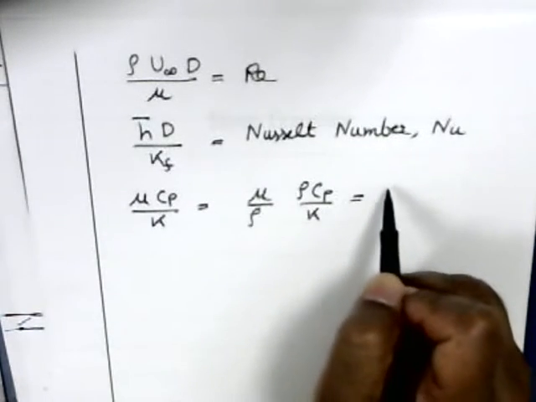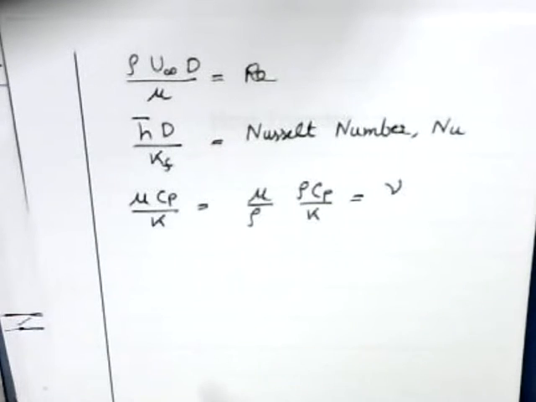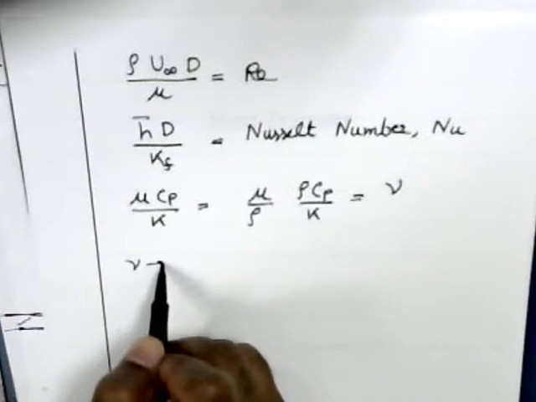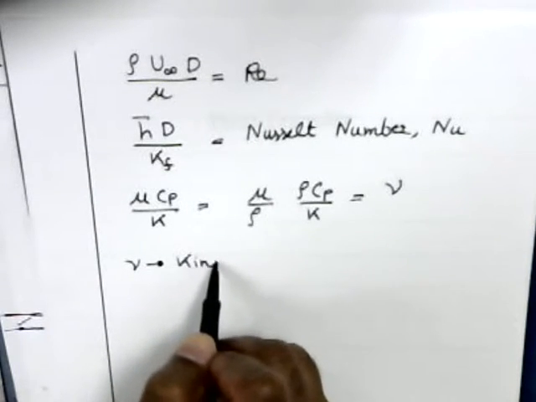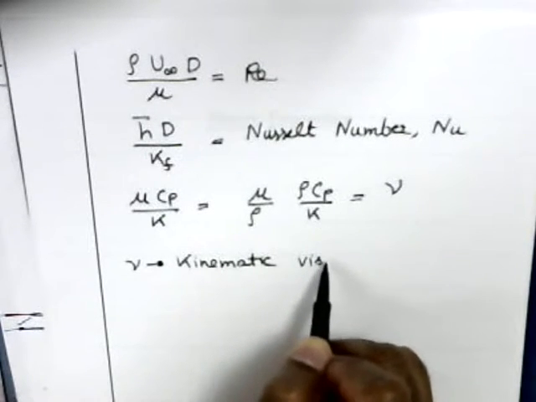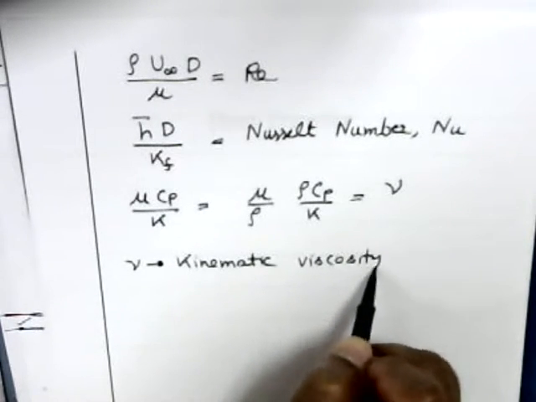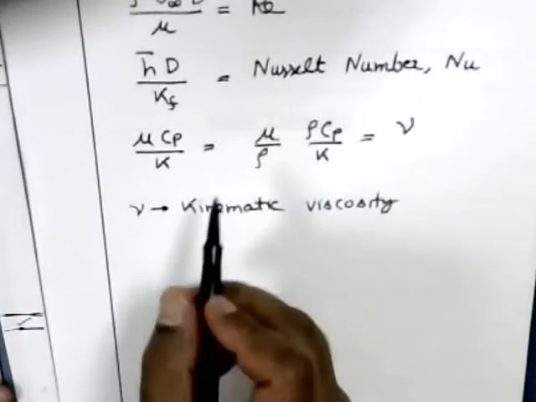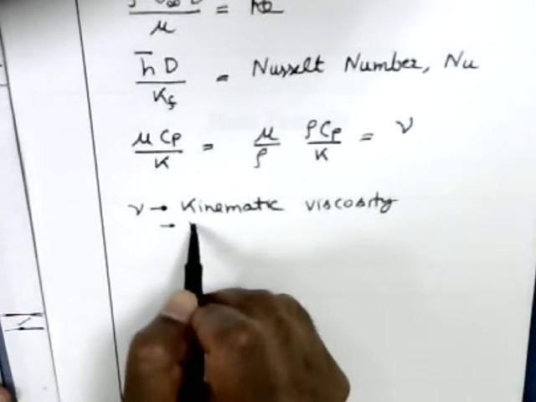Mu over rho is nu. This nu is kinematic viscosity. Sometimes we also call it momentum diffusivity.